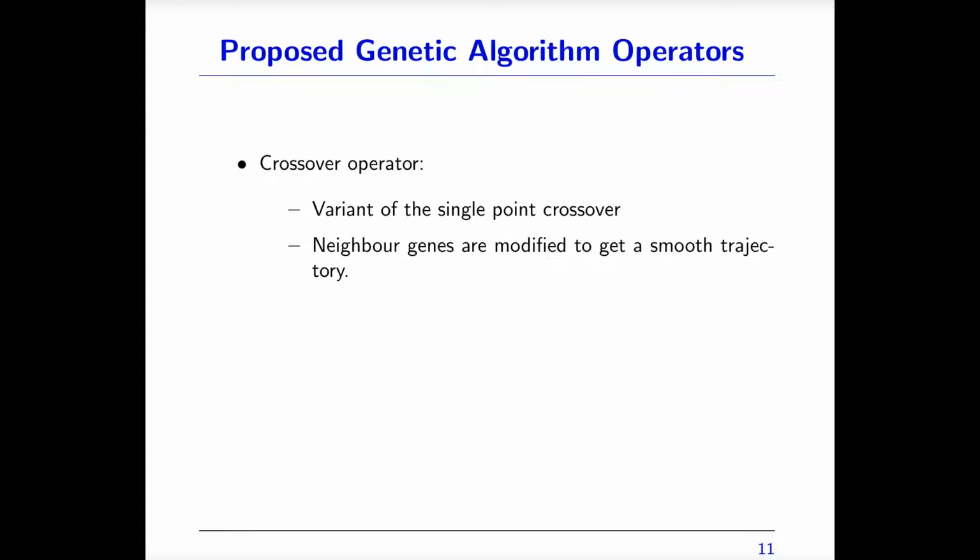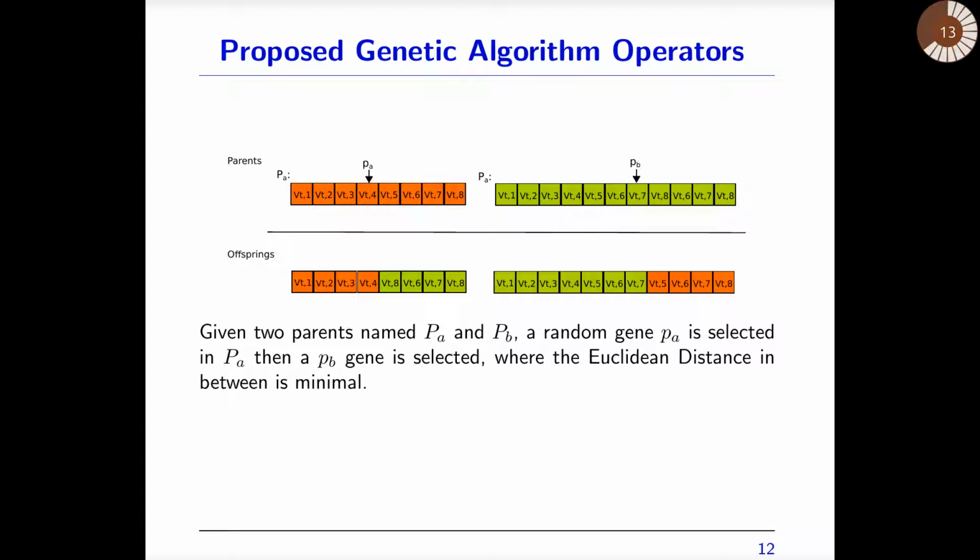The proposed crossover operator is a variant of the single point crossover. To ensure a smooth transition among the poses, a cubic interpolation spline is applied in the proximity of the crossover point for the two generated offsprings. Given two parents, the orange and the green, a random gene is selected in the orange parent.